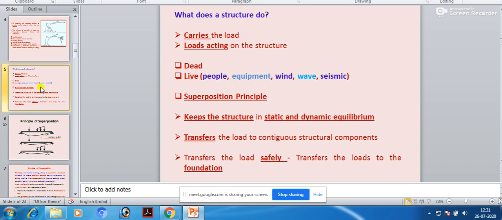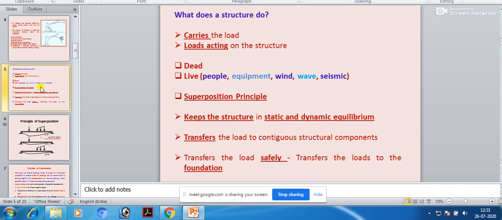If I could not find it out, then I will not be able to find out what is exactly happening to the structure. Suppose I separately understand the deformation, then I will not be able to say whether my structure is safe because of that deformation or not.